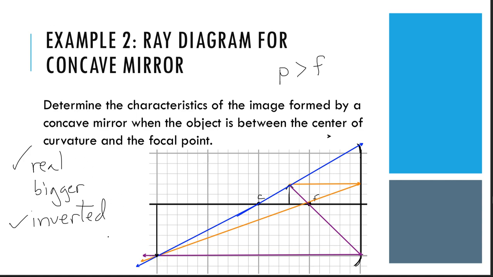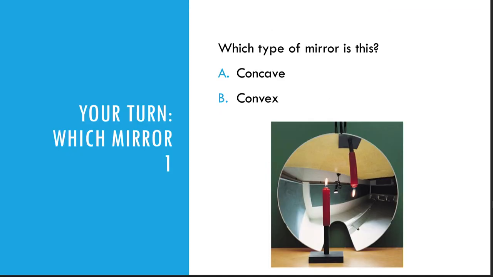So finally, let's look at a few more quick conceptual questions just to remember the properties formed by these different mirrors. So this first one says, okay, which type of mirror is this? You're supposed to be able to tell just from looking at the type of image that is formed, but you might be able to just see the mirror and see, oh, that's obviously a concave because of its curvature.